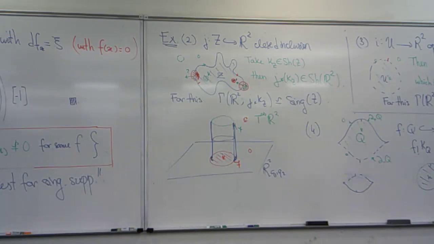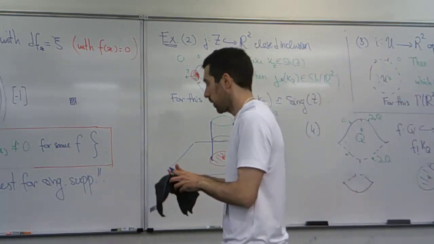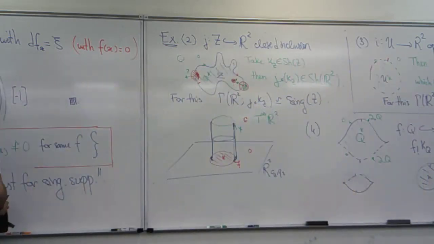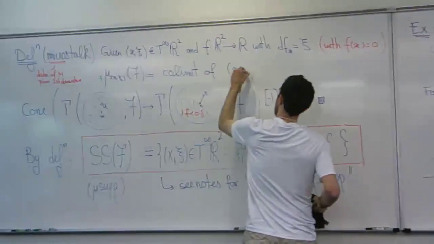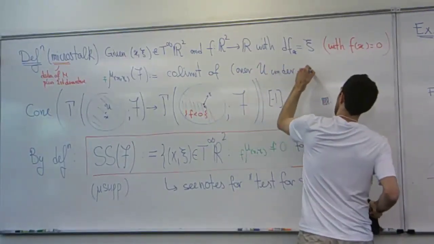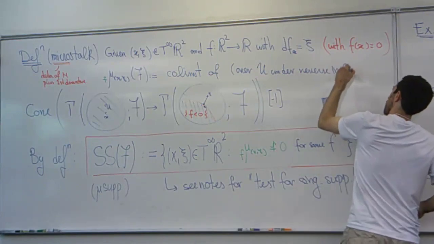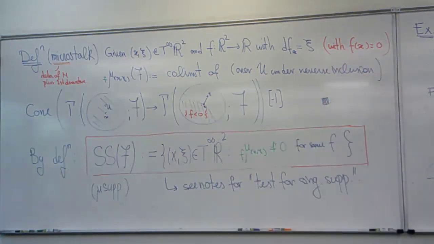So the definition of microstalk, presumably you're taking the directed limit of this over possible open sets. Yeah, it's the same definition as in the stalk. The stalk of a sheaf is the colimit of F of U under the system, which is U includes V, and so on and so forth.